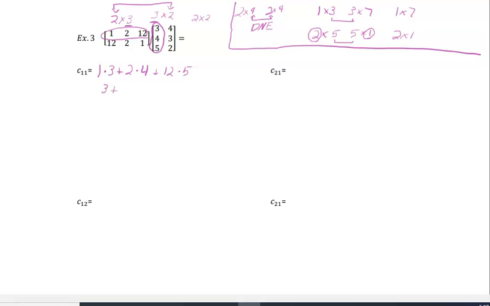And I get 3 plus 8 plus 60, which is 71.